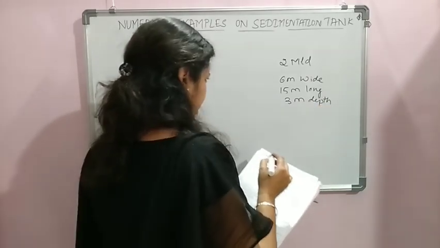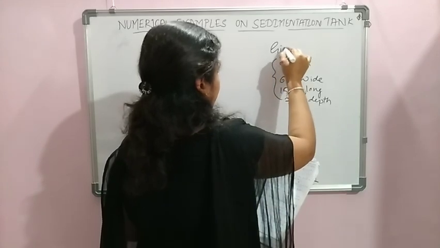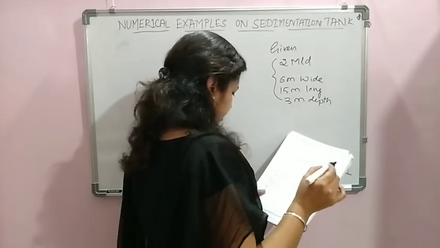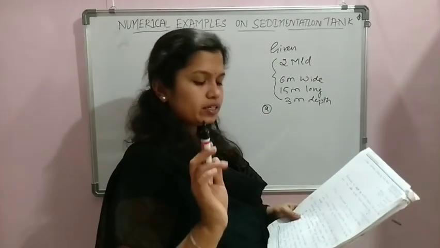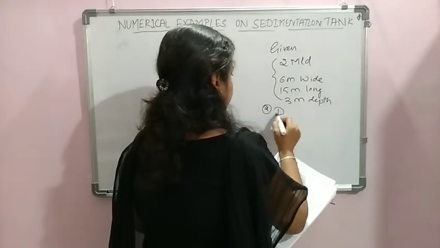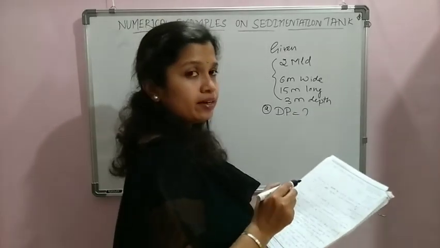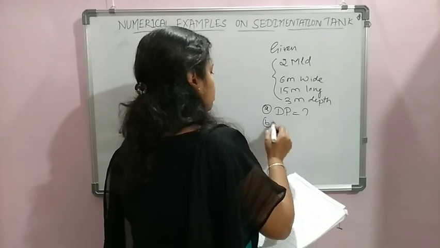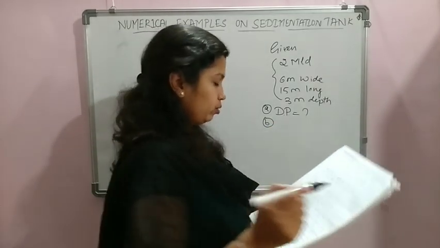So these are the given data. Next they are asking us to find out, first, the detention time for the tank. They have not given us the detention time, so we need to find out the detention period required. Next is, what is the average flow velocity through the tank?